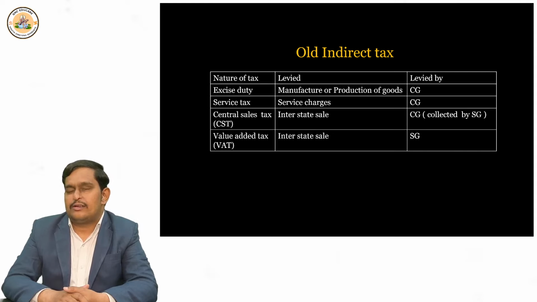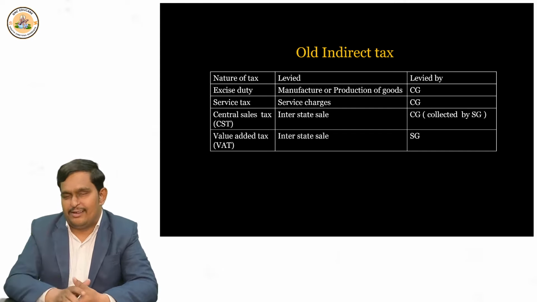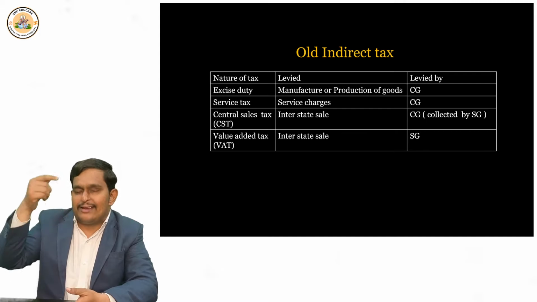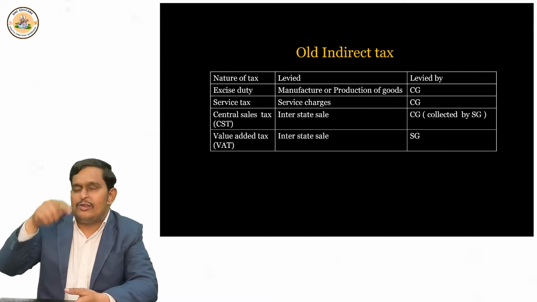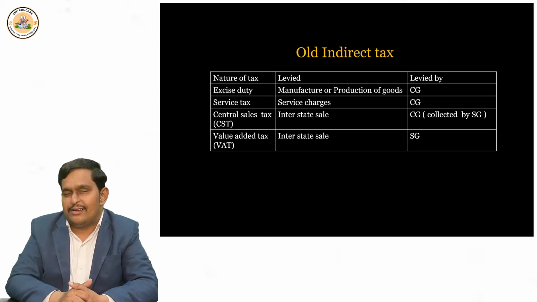Otherwise, you will not be able to enjoy that seamless flow of credit. These words are heavy for you, correct? Like I said, 150 minus 10, 18 minus 15. This is completely seamless: whatever taxes you paid at an earlier stage, you are able to adjust and pay only tax on the value addition.